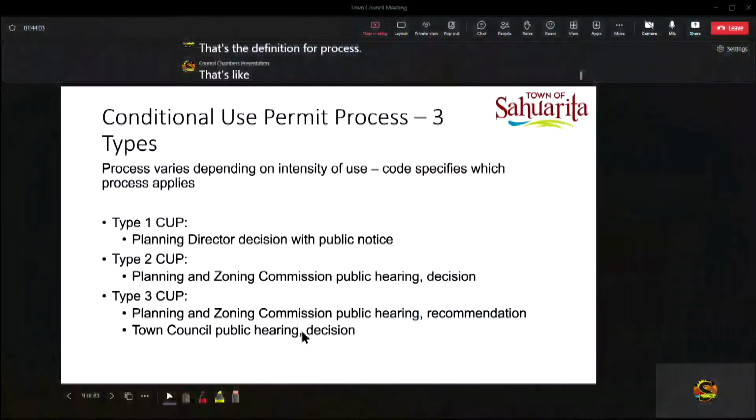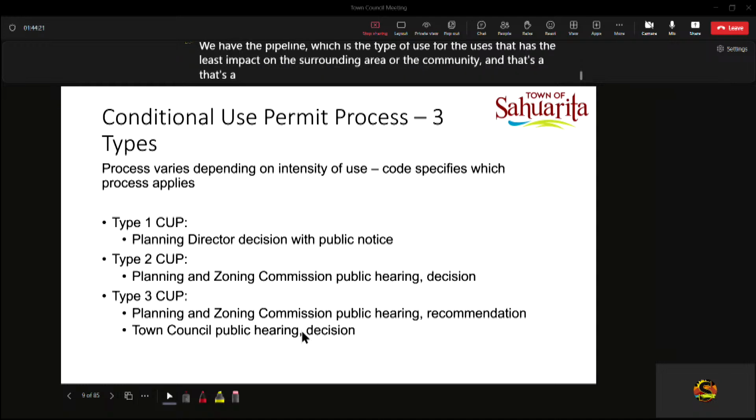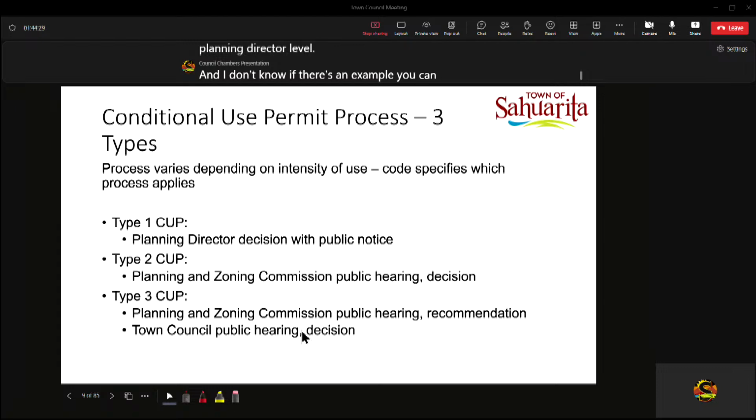So next slide, please. Okay, in Sahuarita, we have 3 levels of use permits. We have the type 1, the type of use permit where the use has the least impact on the surrounding area or the community, and that's a decision at the staff level, the planning director level. Anna, is there an example you can give of something like that?